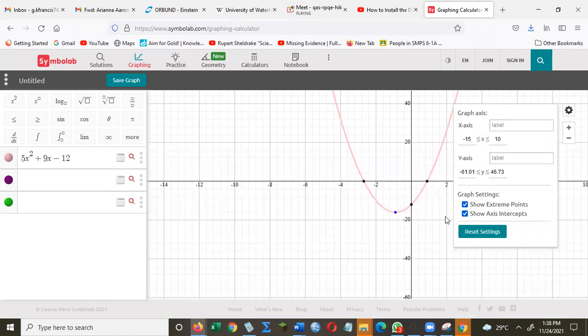And so we're going to get something like, when you click on it, it gives you the x-intercept, 0.89165, 0. So one root is 0.89165, and the other one is -2.6916. So let's calculate them.